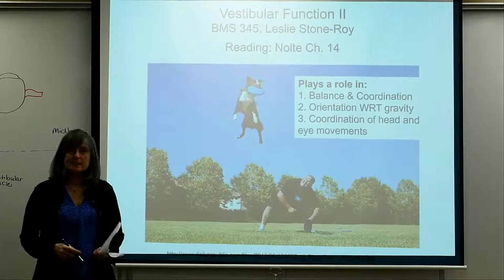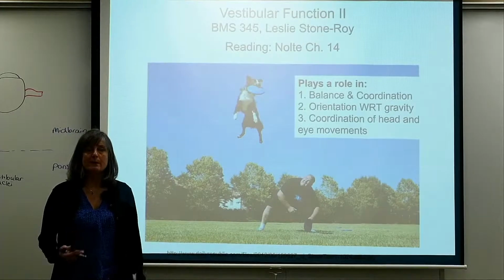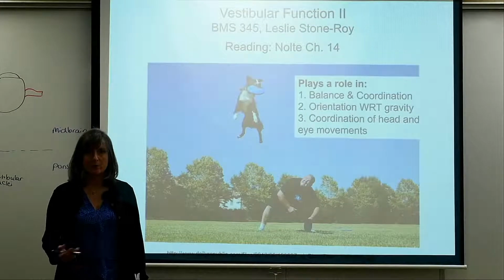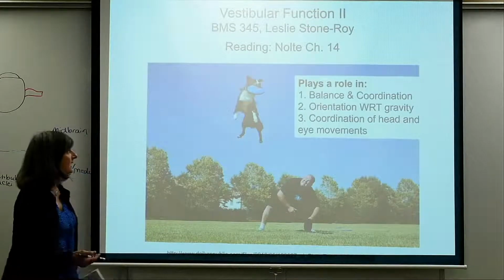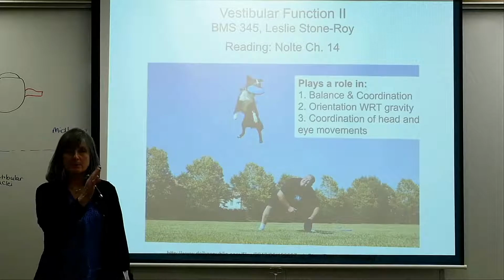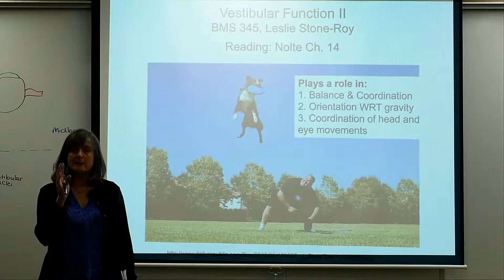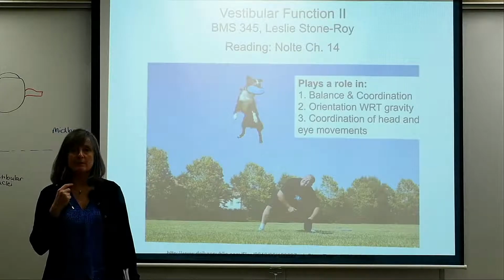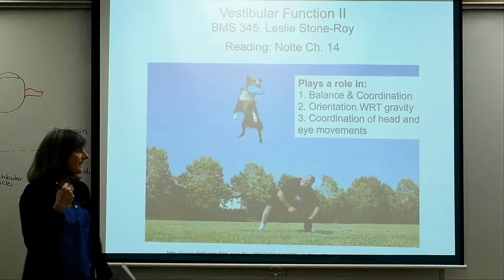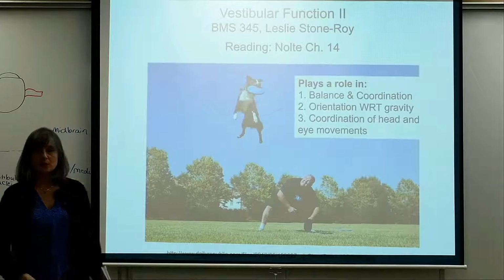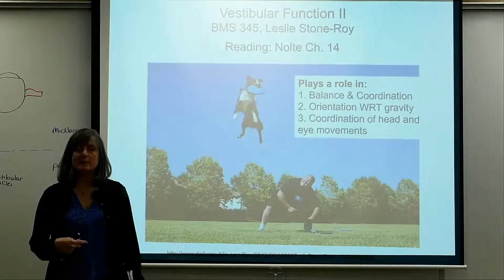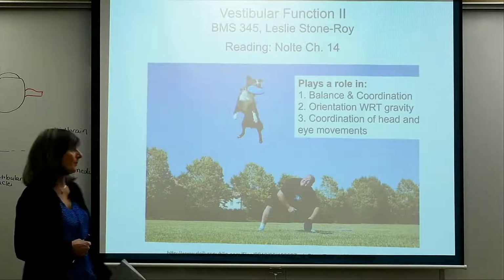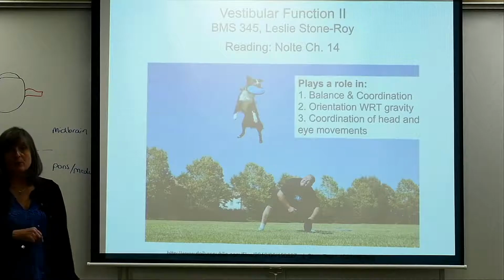And it does this by contributing to rapid automatic behaviors or reflexes that enable us to keep our eyes on an object of visual interest, enables us to keep our head stabilized even if we're moving our body, and it enables our extensors and our proximal and axial muscles to stabilize us while we're moving, or if something is moving us.